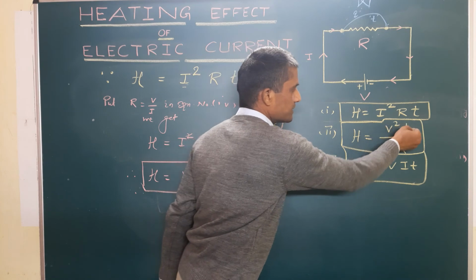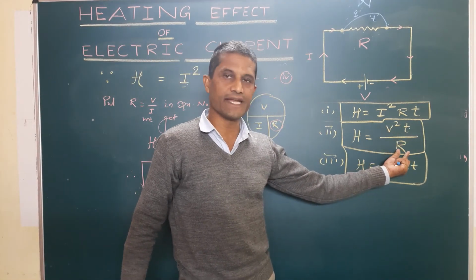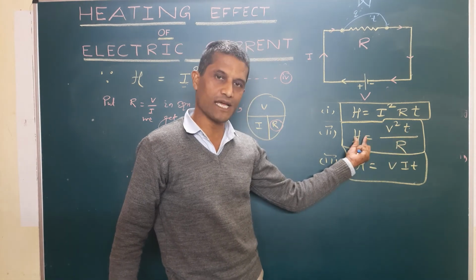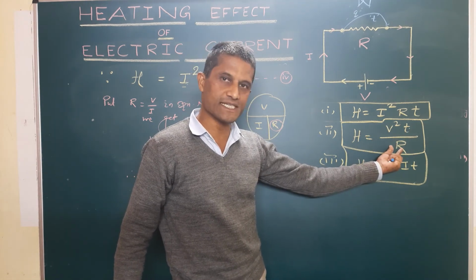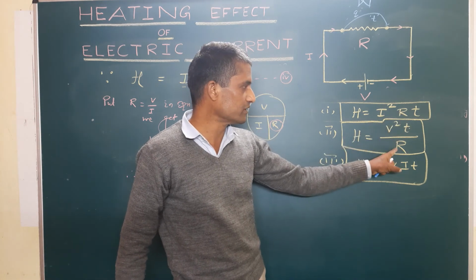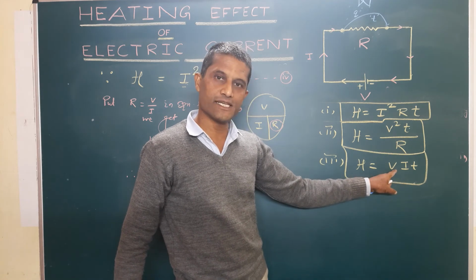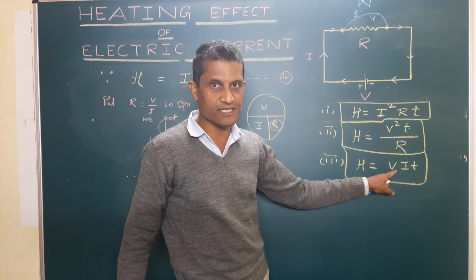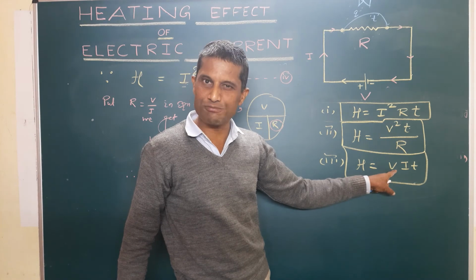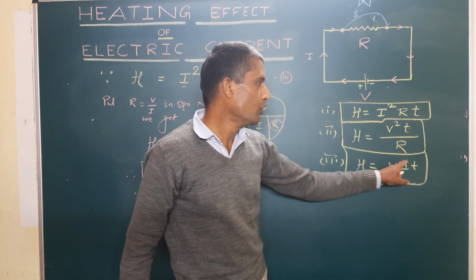H is equal to V square T upon R. You can see here, if you are given voltage, resistance and time, heat can be calculated. Here current is missing. In the first, current and resistance are there. And once again, if you are not given the resistance and still heat production is being asked for, you can apply this representation, that is H is equal to VIT.